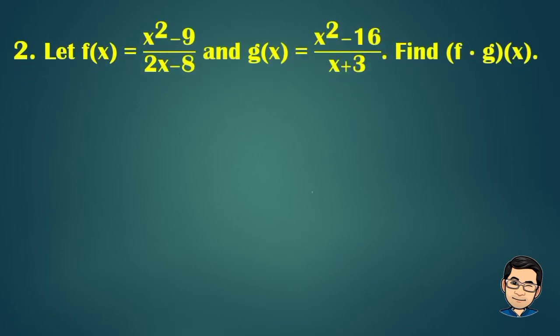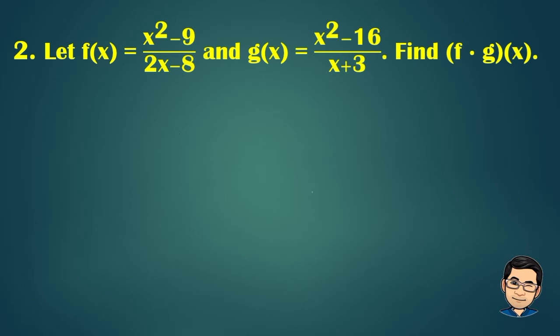Now, the second example, so dito natin pwedeng apply yung factoring polynomials para magkaroon tayo ng mga ika-cancel. So, let f of x is equal to x squared minus 9 all over 2x minus 8. And g of x is equal to x squared minus 16 all over x plus 3. So, find f times g of x.